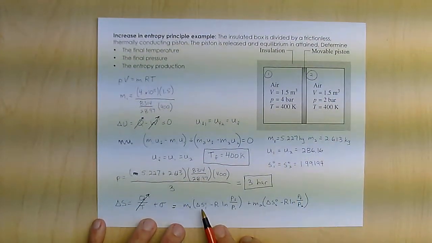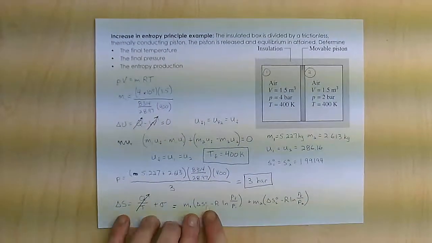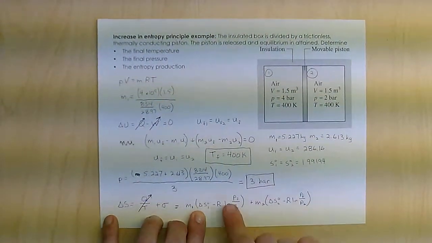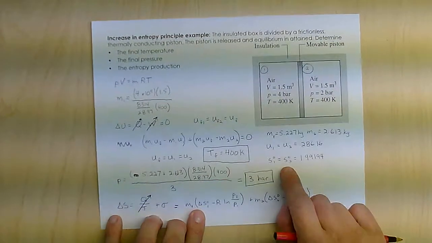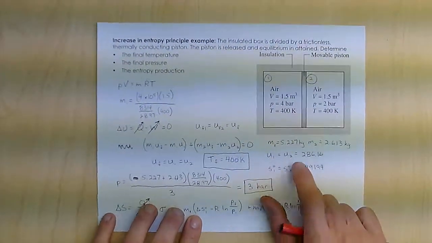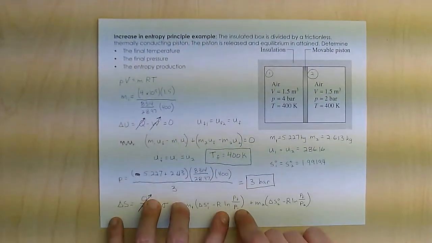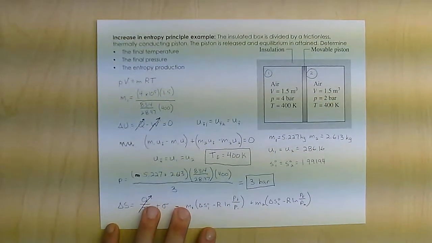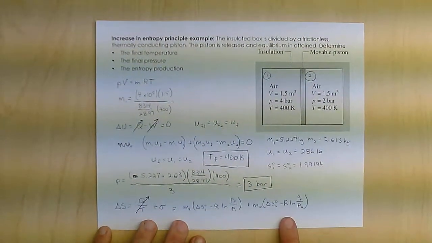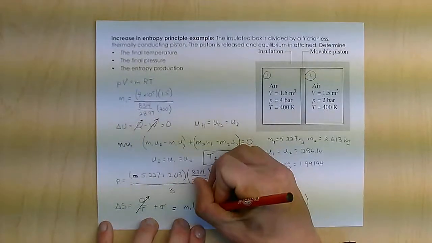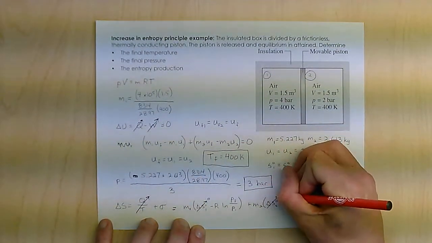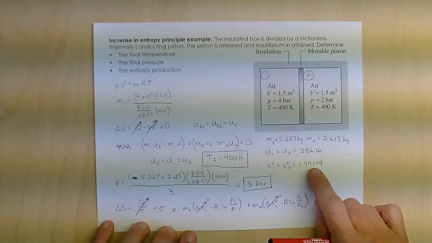Now again, what I have here is these s naught values. Remember, my actual delta S is the change in that s naught plus this term that deals with pressure. Now, these s naught values actually go to 0, because again, there's no change in temperature.